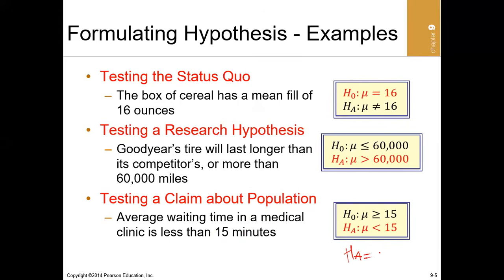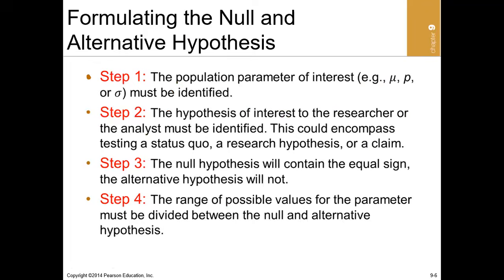So here we are claiming that the average waiting time is less than 15 minutes. Then the opposite of this is that the average waiting time is greater than or equal to 15.